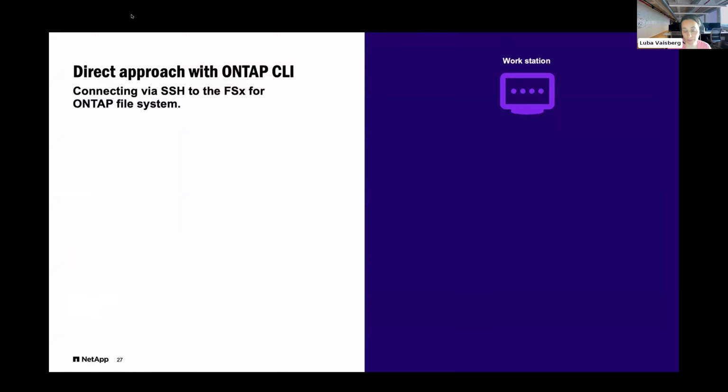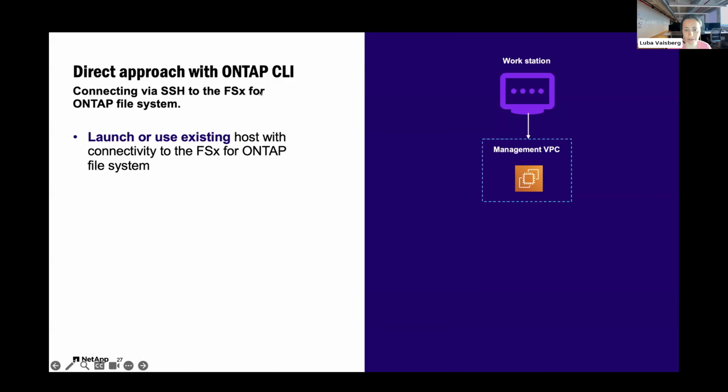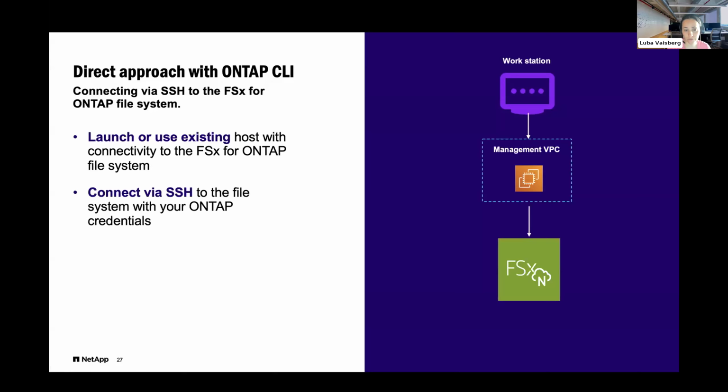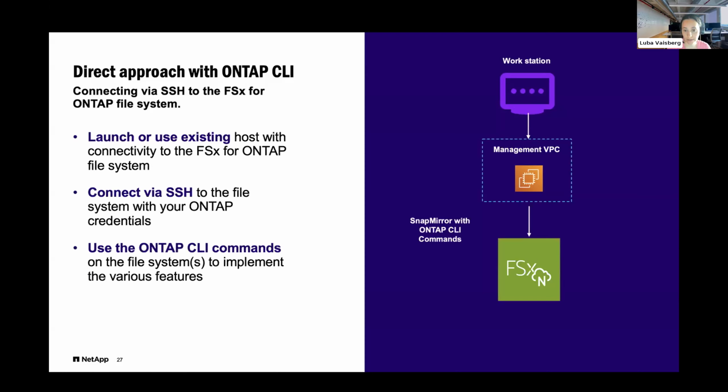You can do it from a jump host or a different server in your environment. Just run the different commands and configure the snapshot policies, the snapshot behavior, replication, and everything else that Danny just covered.